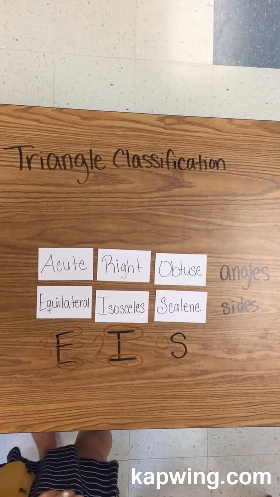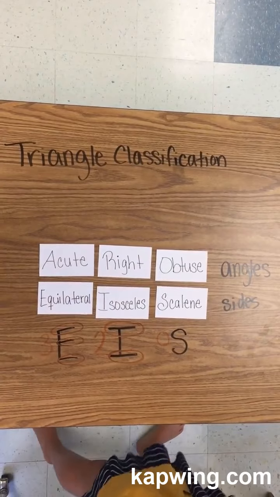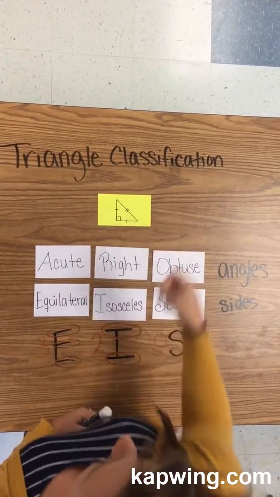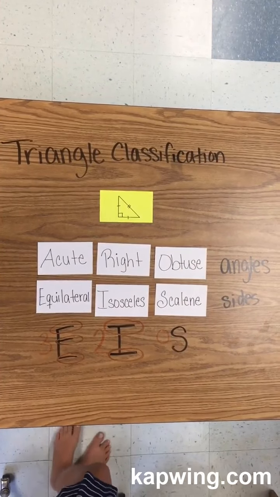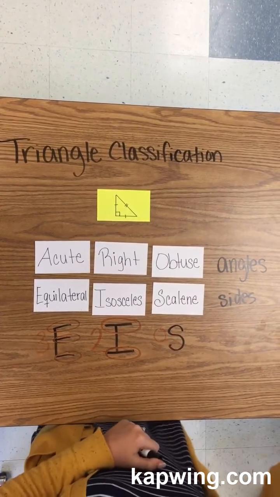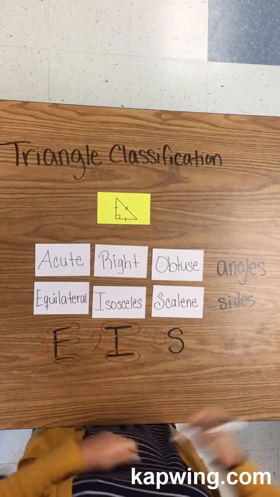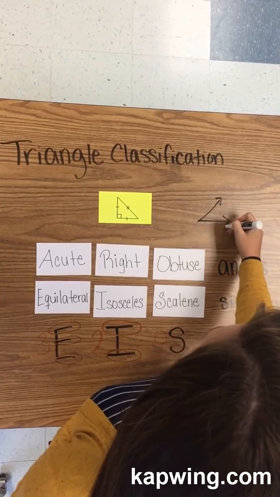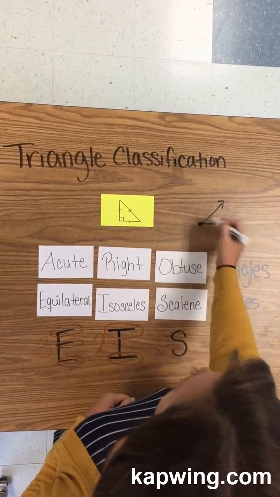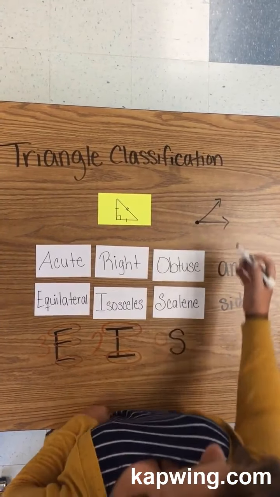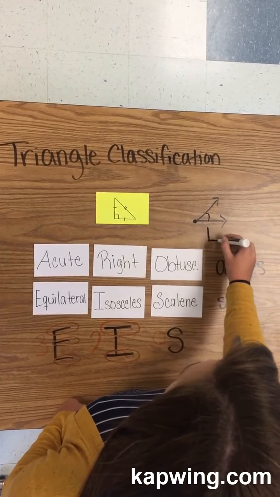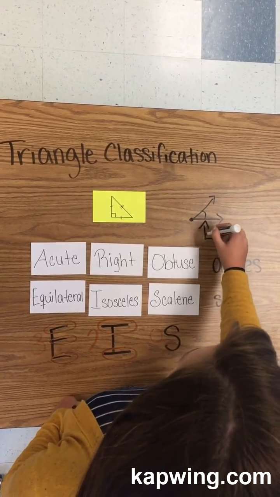Let's practice. The first triangle that we're going to classify looks like this. I know that you remember when we learned about angles, that angles are going to be shown with an angle of 2 rays and they meet at a vertex. Do you remember what it's called when the angle vertex has a perfect square inside of it?